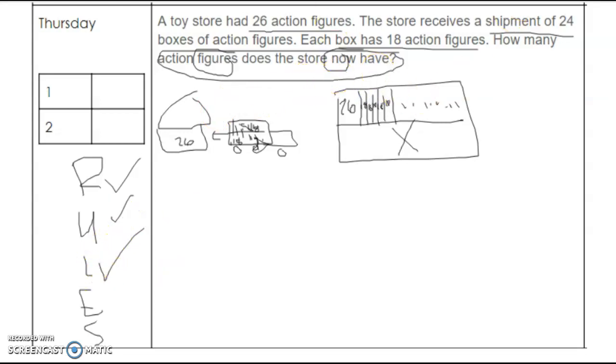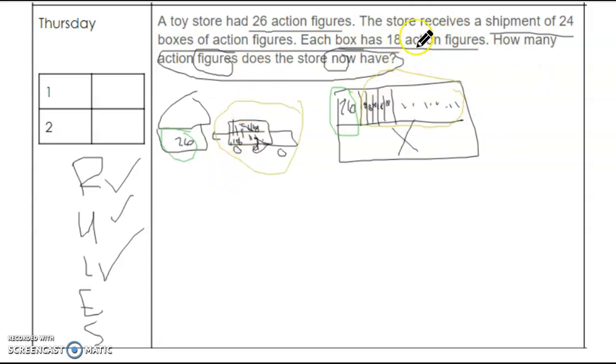Okay. Now we need to evaluate how to solve it. So I see two different groups here. I see the amount that we received in the shipment, so the 24 boxes of 18, and I see the other group, which was the amount we began with, so the 26 that we already had in the store. So to solve this, we're going to need to figure out how many action figures arrived.